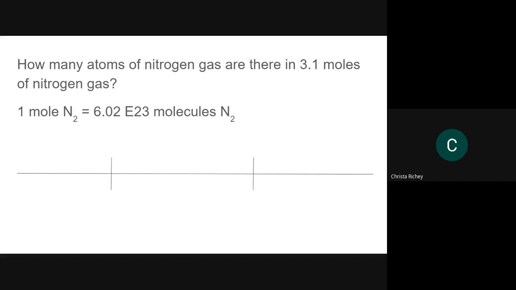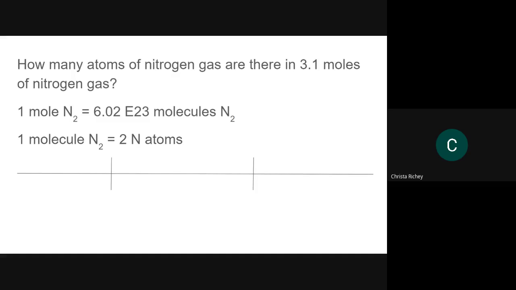No. One of these has two atoms in it. But you need to know that nitrogen is a diatomic element. Nitrogen is not the one that's on the test, but if I asked you of chlorine gas or oxygen gas or fluorine gas, then you have to know that there's two of them.